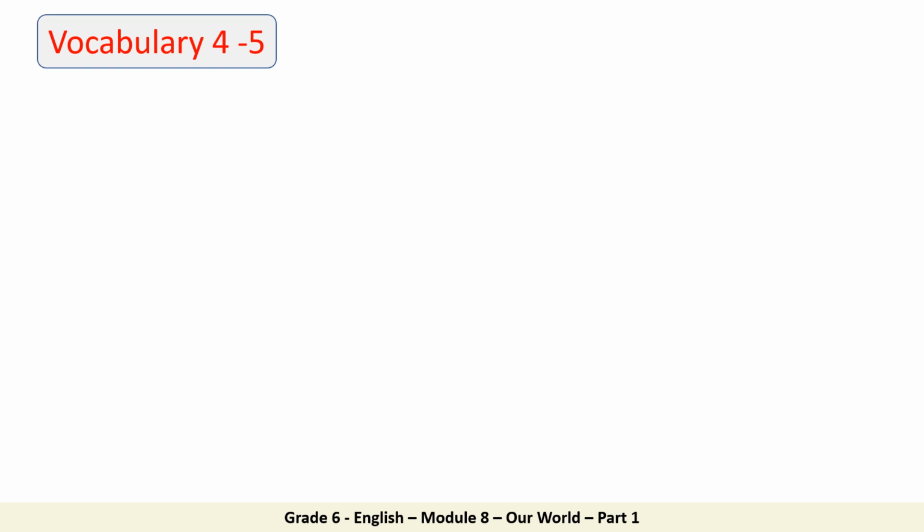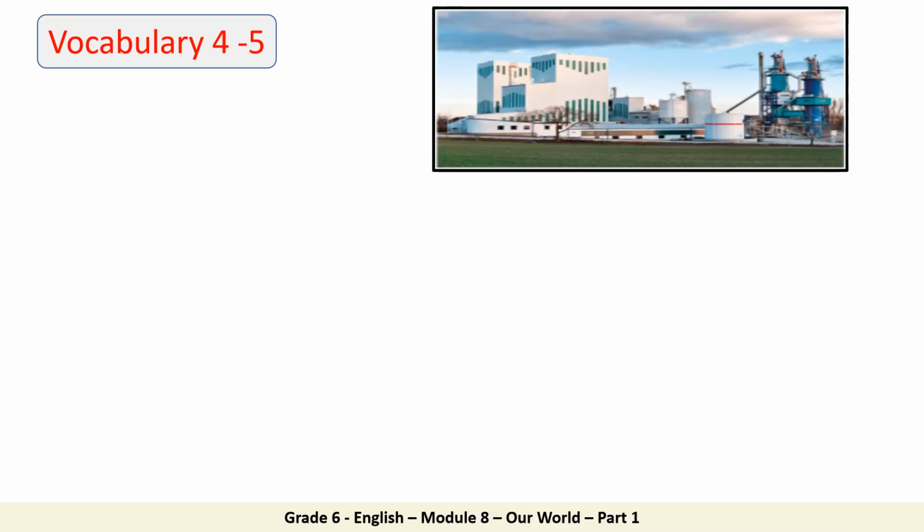The following 2 words are quite related, to be honest. If you look at the first picture, you can tell me that this is, of course, yes, that's right, a factory. Could you please repeat? Factory. One more time. Factory. Very good.